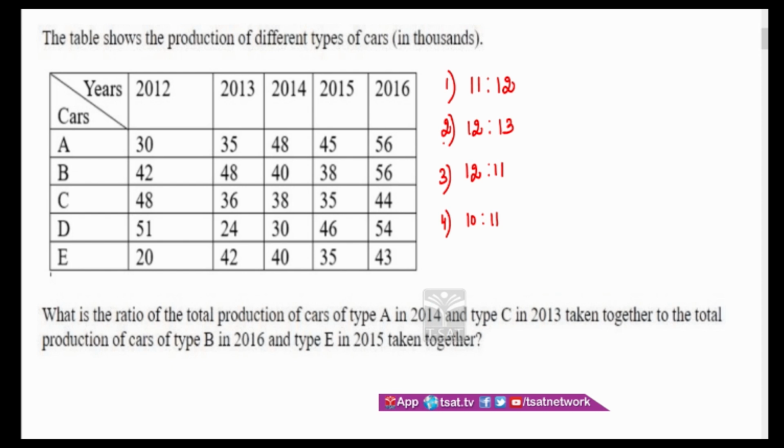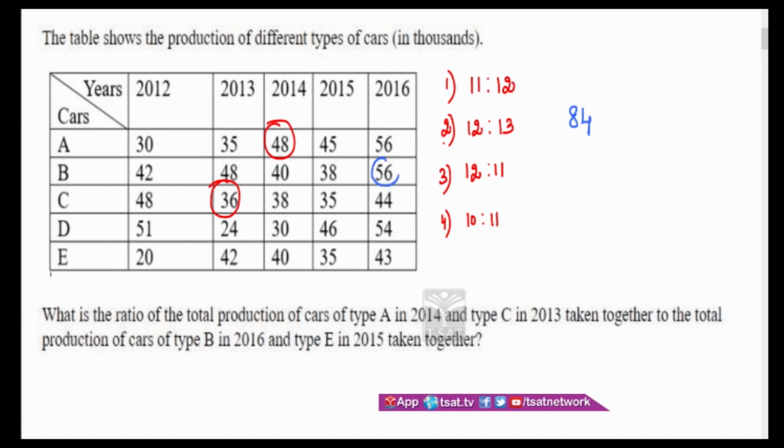What is the ratio of the total production of cards of type A in 2014 and type C in 2013 taken together to the total production of cards of type B in 2016 and type E in 2015 taken together? The total production is 48 plus 36, which is 84.